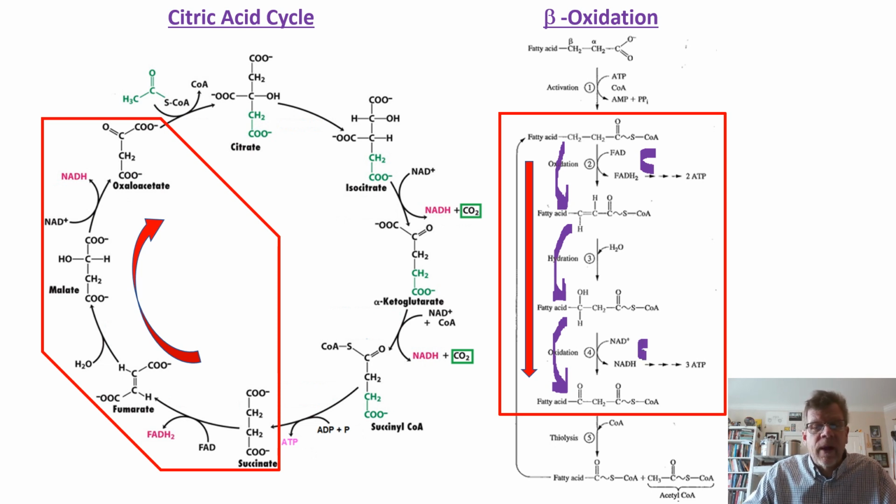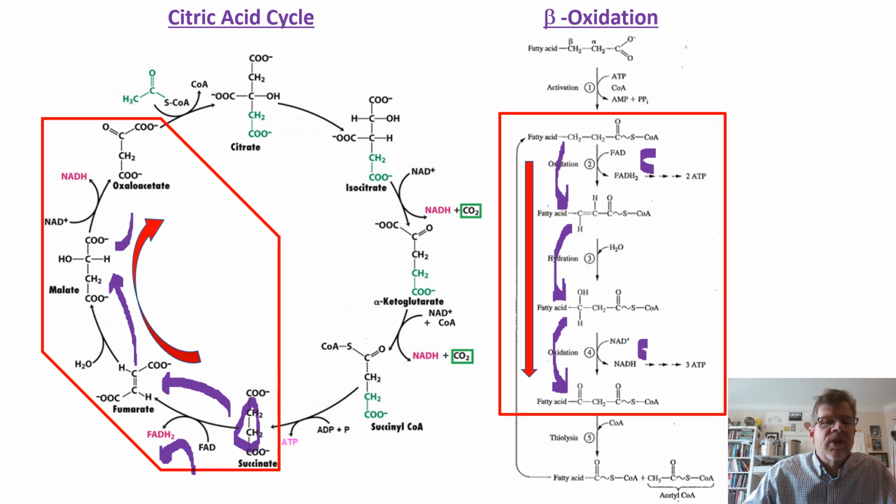Let's look over on the right. Here we have a carbon-carbon single bond being converted to a carbon-carbon double bond, just like we saw before, with the concurrent reduction of FAD to FADH2. The carbon-carbon double bond is hydrated to form our alcohol, which we see right here.